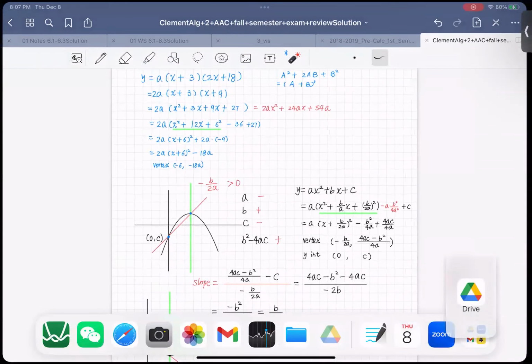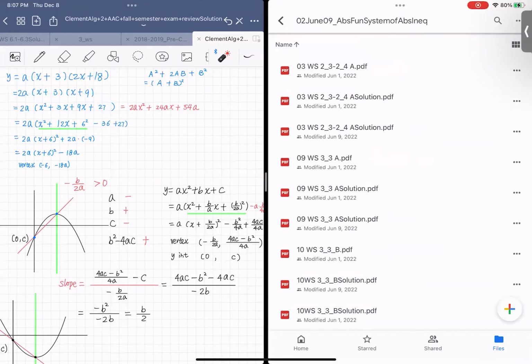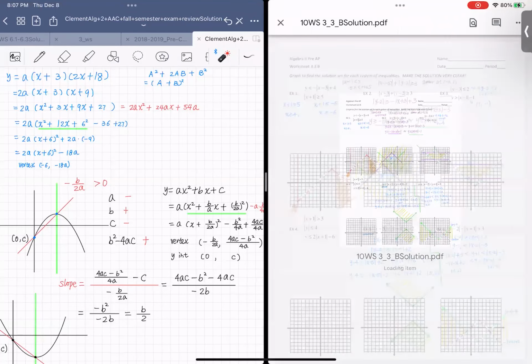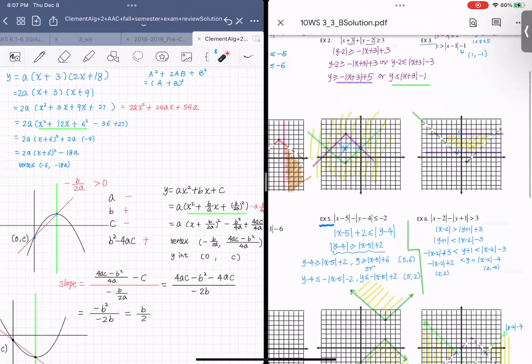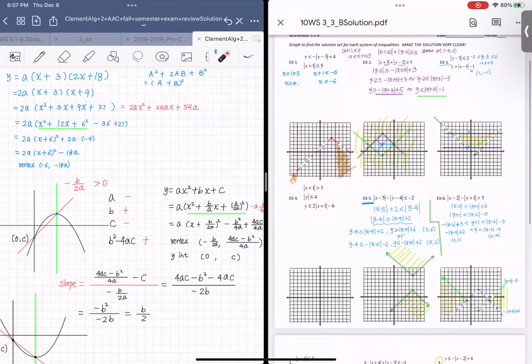So let's see. In summary, the first thing we learned in the summer is the absolute value inequality. And then we learn the inequality system, which you might have seen before. It's this, okay? You might still remember. How do we draw this? Everything is based on the same concept, that's the absolute value part.